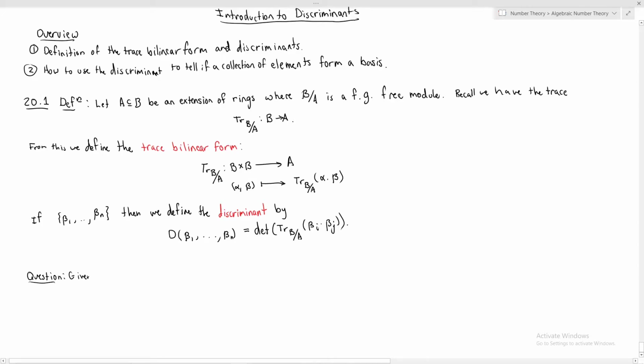Let's say, given a basis, say beta 1 through beta n, for B over A, and let's say a collection of elements gamma 1 through gamma n, how does, say, D of gamma 1 through gamma n relate to the discriminant of the betas, beta 1 through beta n?